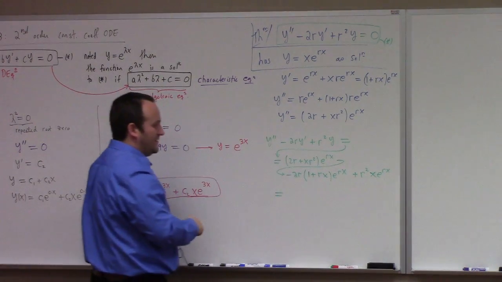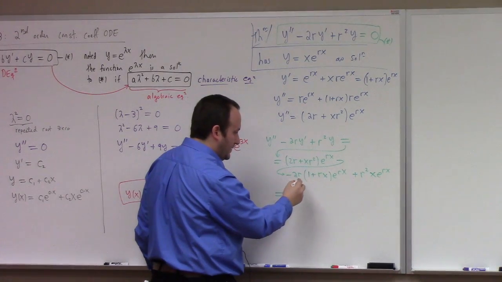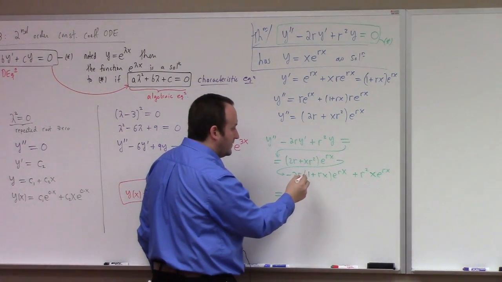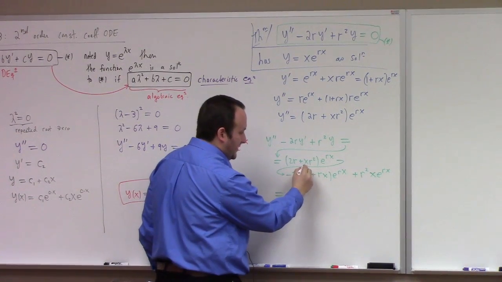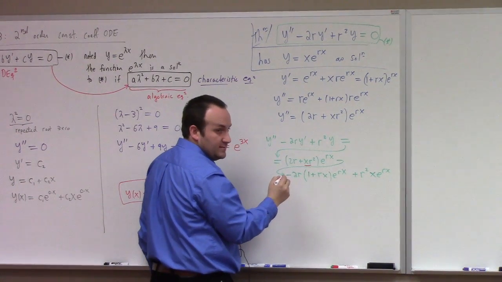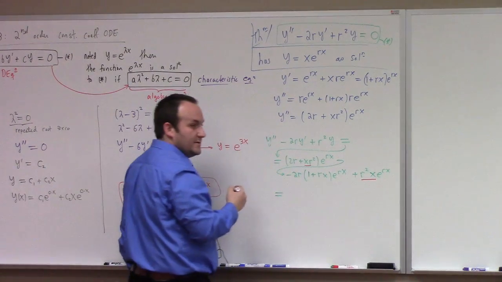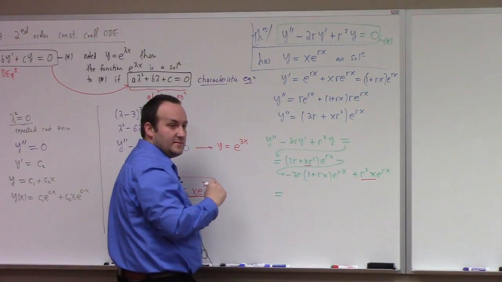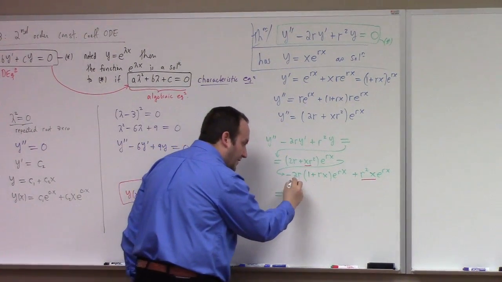And then you just got to look at it, right? Check out what happens here. I've got an xr squared here, and another xr squared term over here. So I have 2 xr squareds. Where else is there xr? How about here?